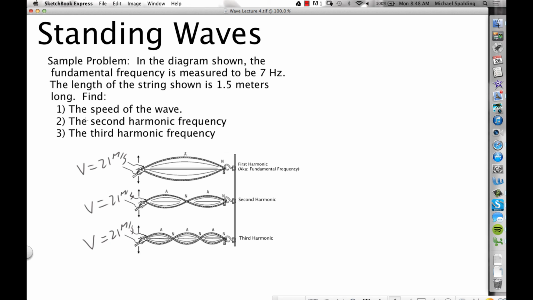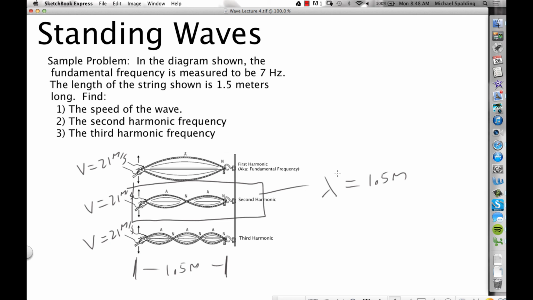Okay, second question. What's the frequency of the second harmonic? All right, so we're focusing in on this second harmonic. First, let's find the wavelength. What's the wavelength there? So from there to there is 1.5 meters. Okay, so what's this wavelength equal to? It's 1.5 meters. We have a full wavelength there. So how do we find the frequency? Velocity is wavelength times frequency.